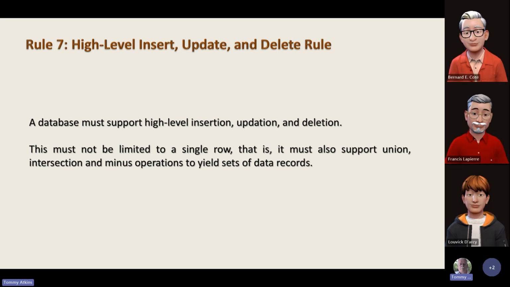High-level insert, update, and delete rule. A database must support high-level insertion, updation. That's a funny word, but that's his word. And deletion, it's not mine. This must not be limited to a single row. That is, it must also support union, intersection, and minus operations to yield sets of data records.